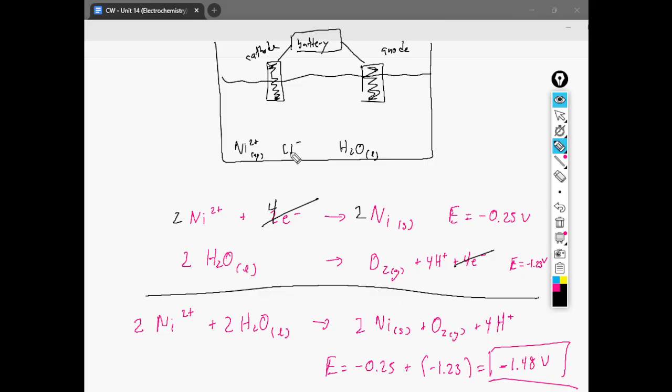So if we take a look at the information that we got from the balanced equation, this is what's happening. Ni2+ is becoming solid Ni. And if you look at it, going from aqueous to solid, we go from positive 2 to 0. So here, this is being reduced.